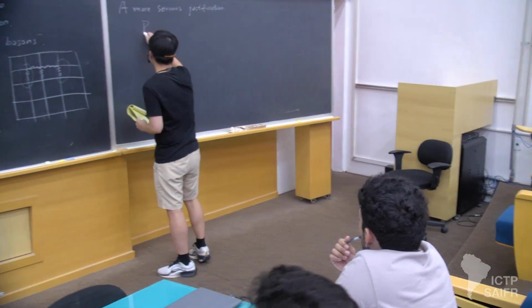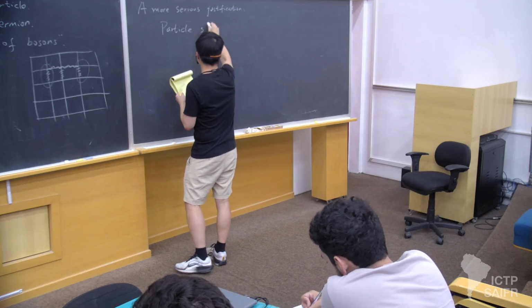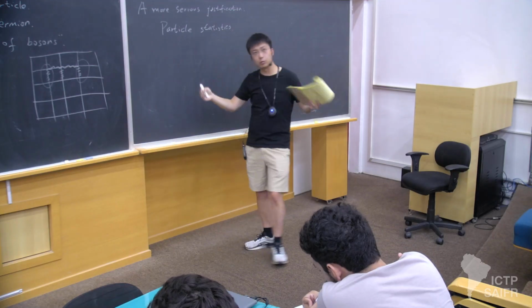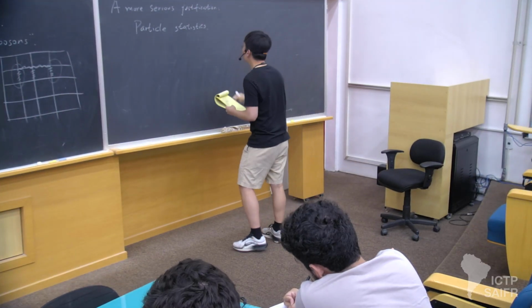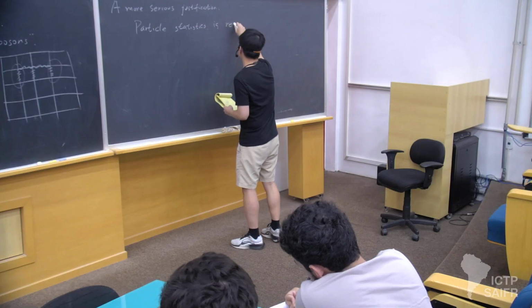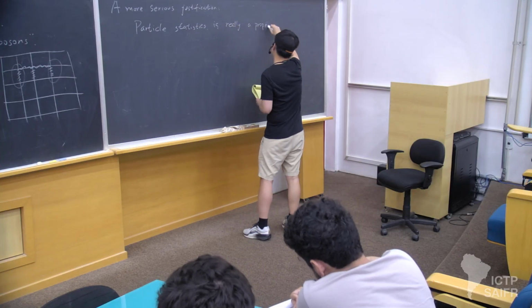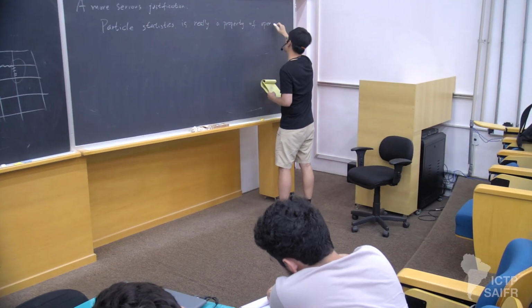Particle statistics, meaning boson or fermion, especially when you don't have things like Lorentz invariance, is really a property of the operators that move the particles around.